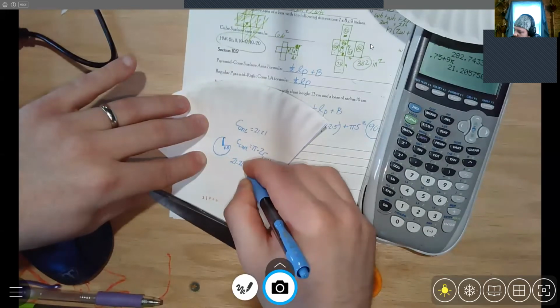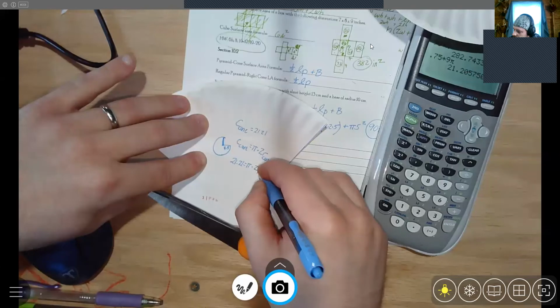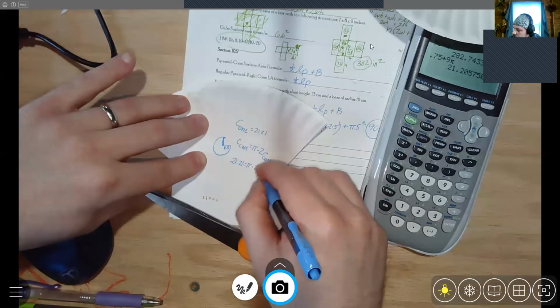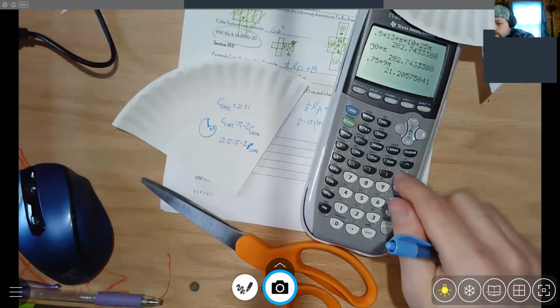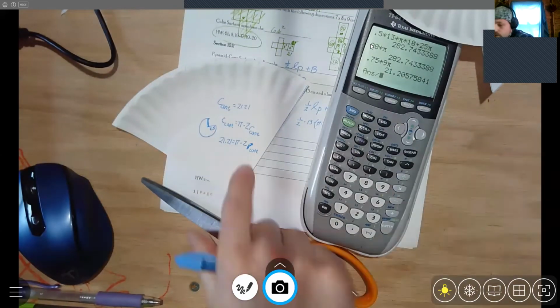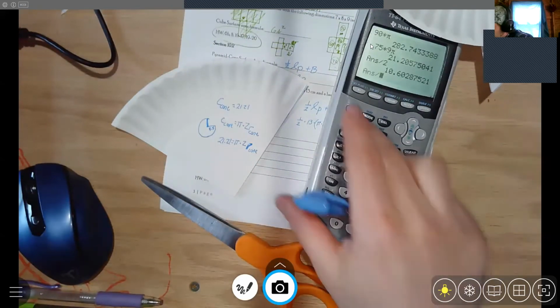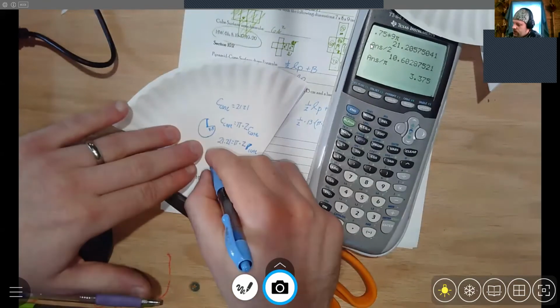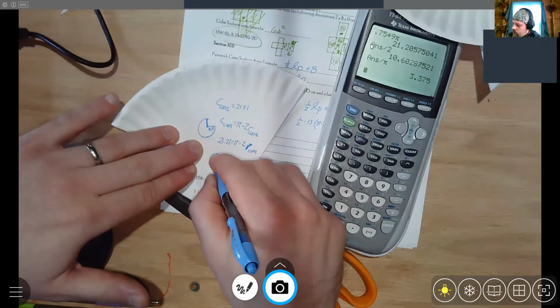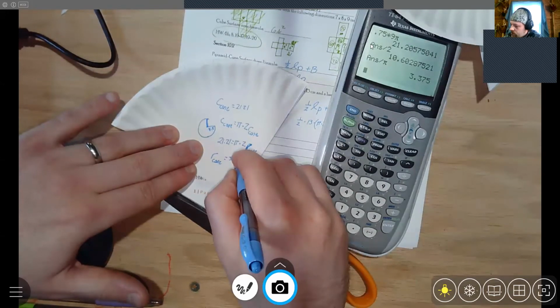So we're going to say 21.21 is equal to pi times 2 times the radius of the cone. It's an R. Right, so now we're going to divide. Looking at our equation here, we're going to divide by 2 and we're going to divide by pi, and we get 3.375. So the radius of my cone is 3.375, or 3 3/8.